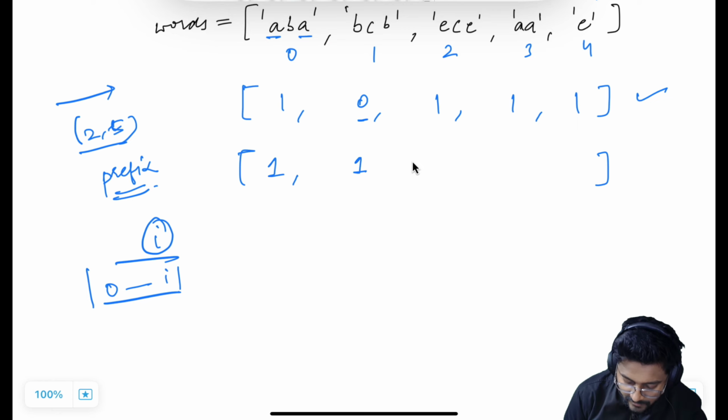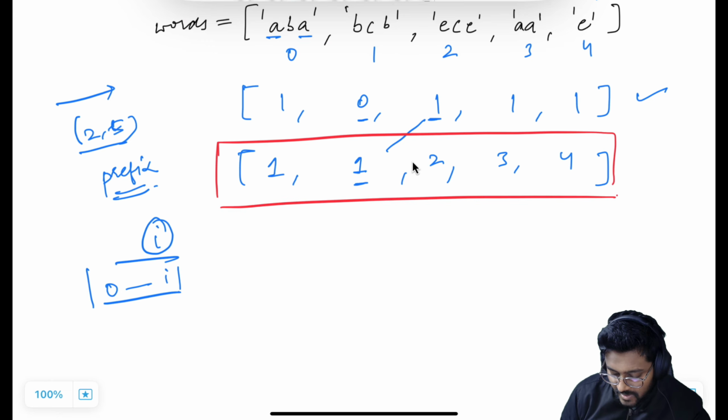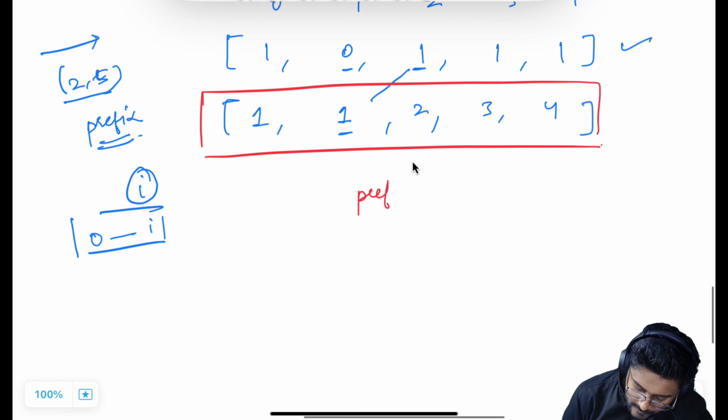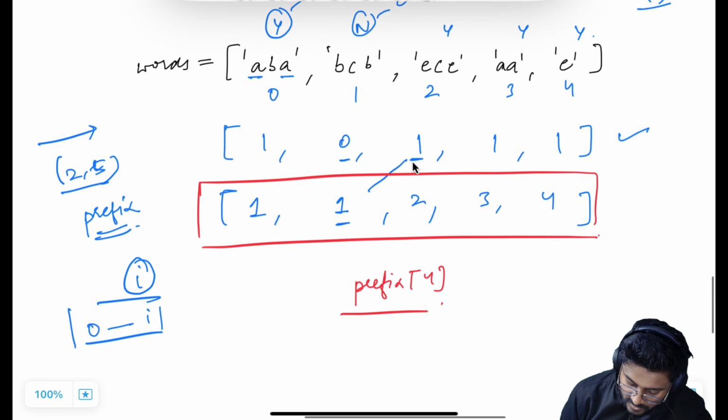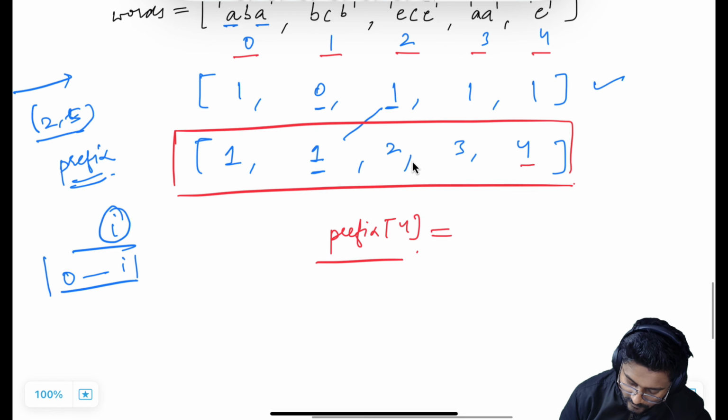Current element plus previous element, which is this previous sum. 1 plus 1, which is 2. 2 plus 1, 3. 3 plus 1, 4. This is my prefix array. And what does this prefix array tell me? If I check prefix of 4, it is going to tell me that from 0 till 4, how many valid strings are there? How many valid strings are there? 4.